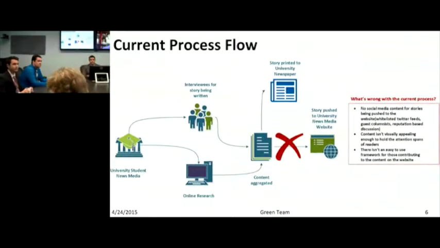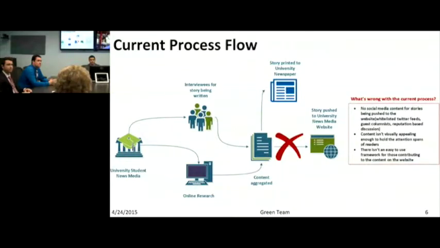And here is the current process flow for the Mace and Crown. What's going on here is primarily that after they decide to run a story, content is aggregated. That consists of interviews being done and online research. Then that content is printed to the university newspaper and then pushed to the university news media website. What's wrong here is that while that content will suffice for the university newspaper to be printed, more needs to be done to it before it goes to the website, and it needs to be presented in a visually appealing way.